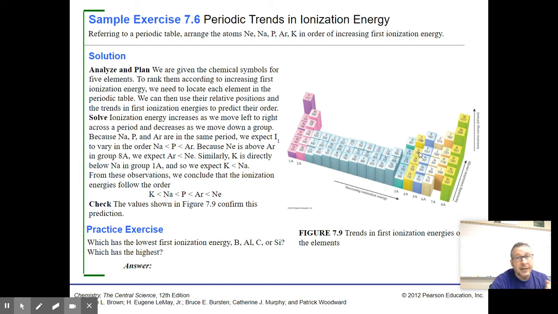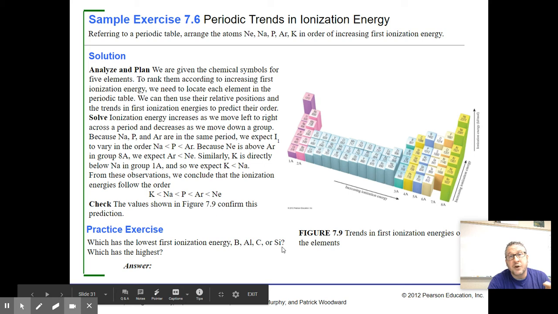So what is the periodic trend across a period? As we said here, as we go left to right across a period, your ionization energy is going to increase. So with those two trends, our answer for which one has the lowest first ionization energy will be aluminum.